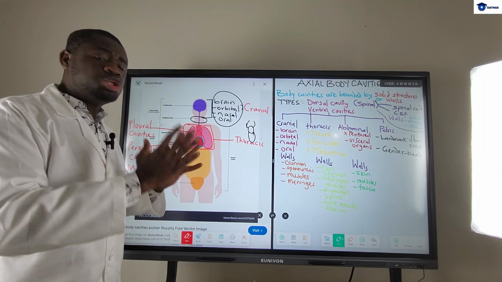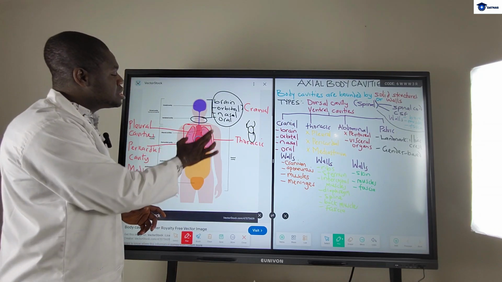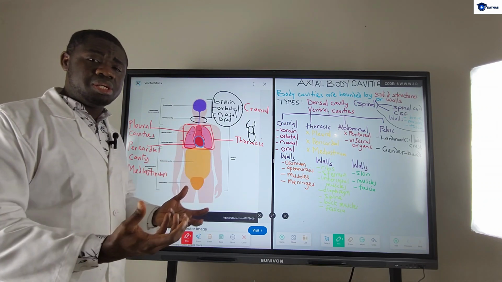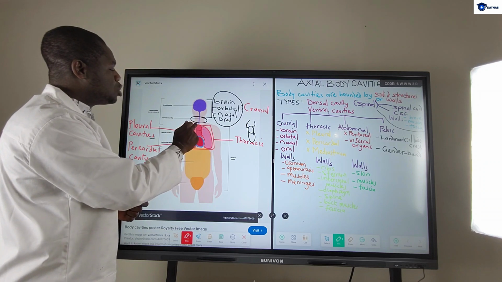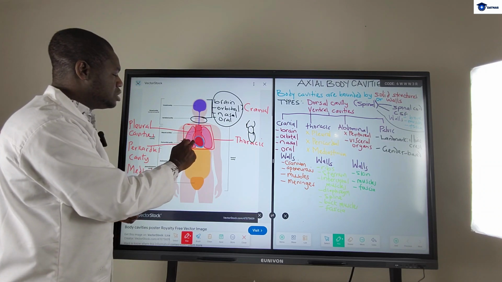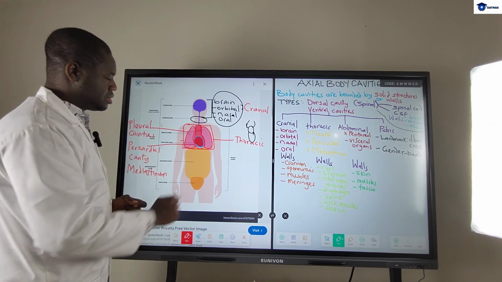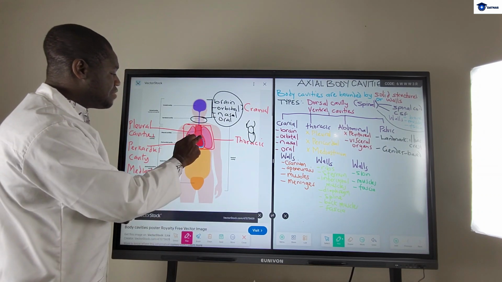It is the central portion of the thoracic cavity. So in this diagram, where is our mediastinum? The mediastinum includes the central portion of the thoracic cavity.